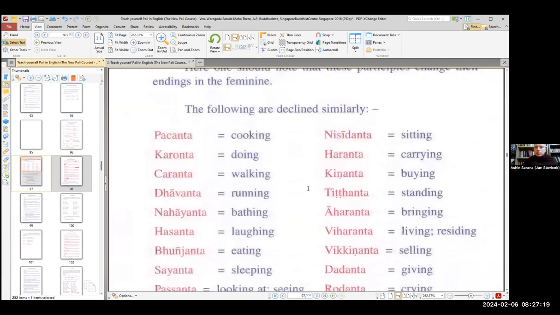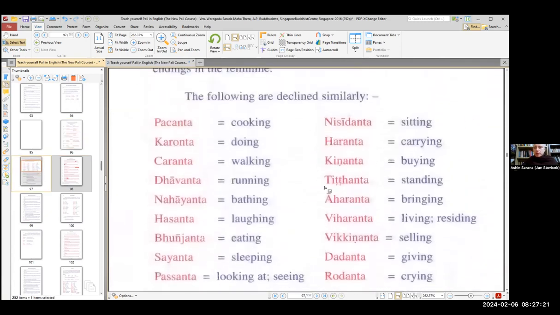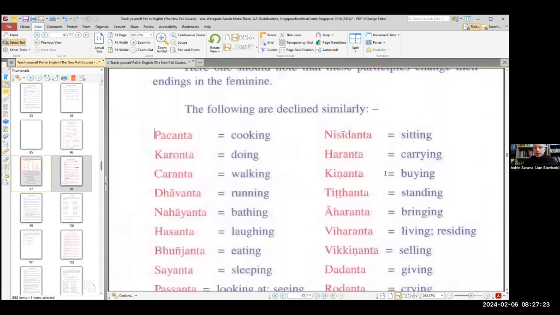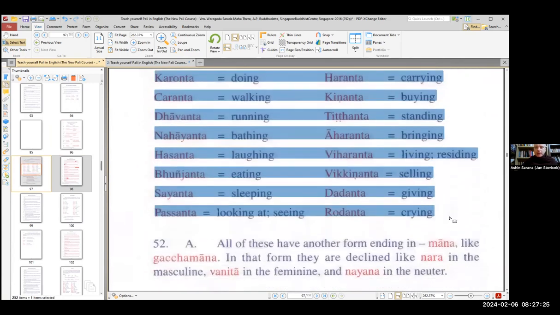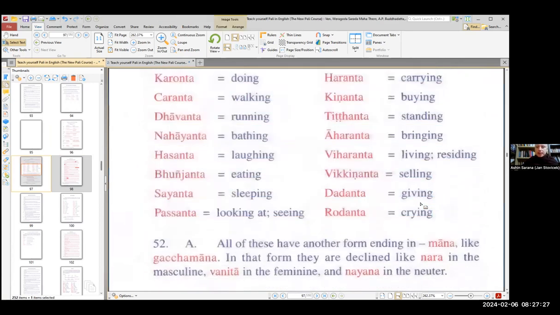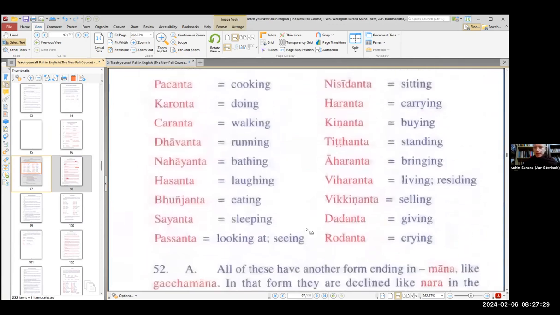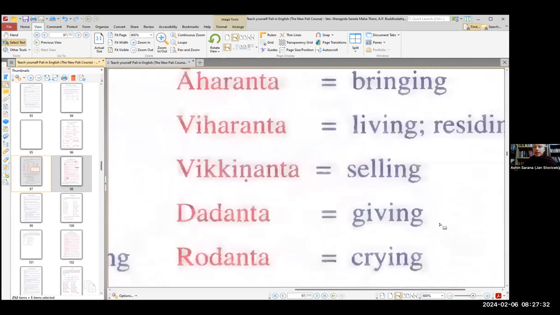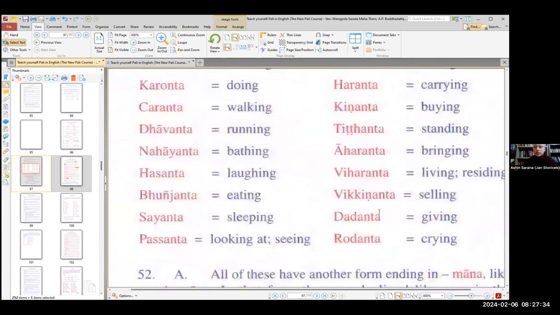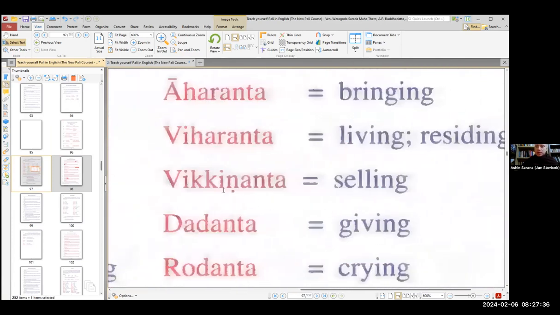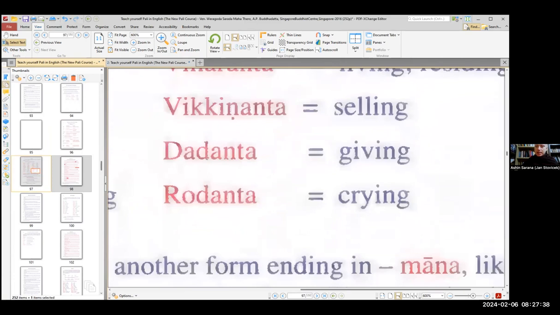Okay. Anything else? Yes. Here in these examples, I found it pretty easy, except one, and that is giving, dadanta. So I'd like to suggest that you pay particular attention to dadanta. That's giving.